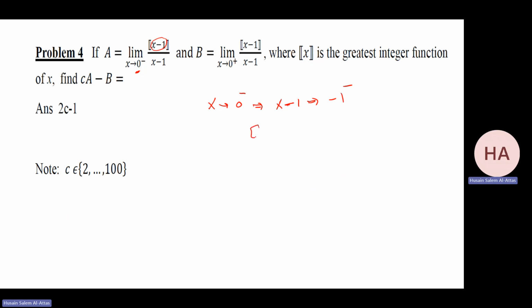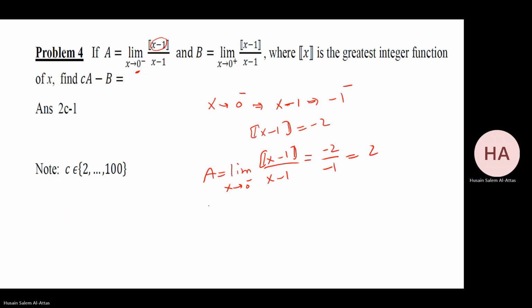So this greatest integer of x minus 1 will be equal to minus 2. So A, the limit as x goes to 0 from left of this over x minus 1, will be minus 2 over minus 1, which is 2.